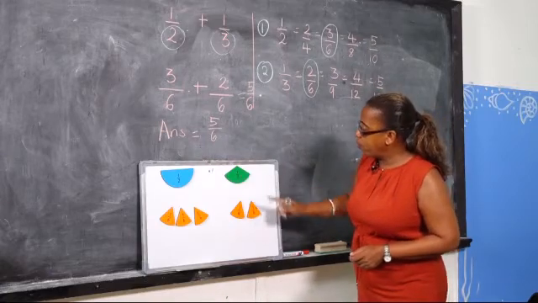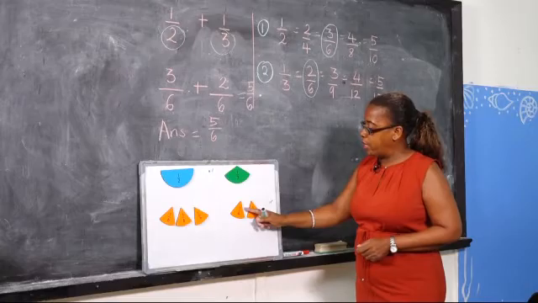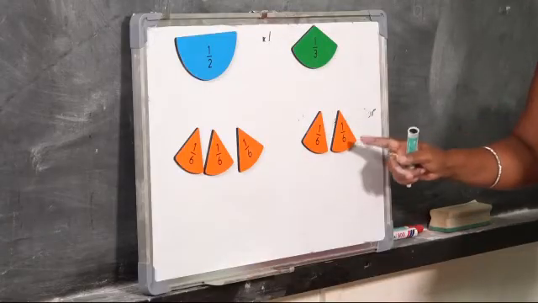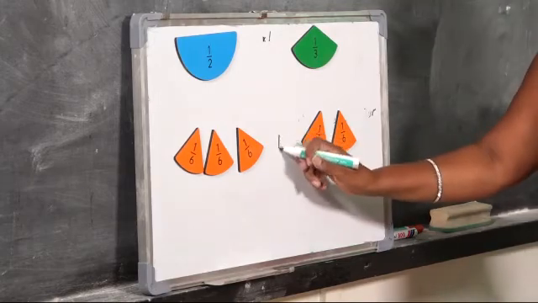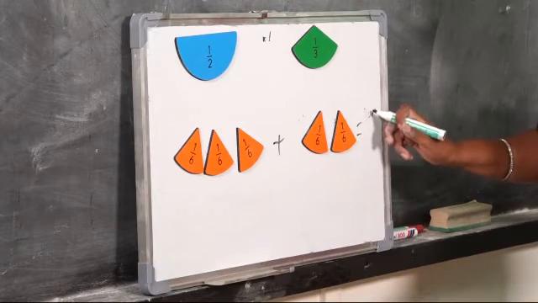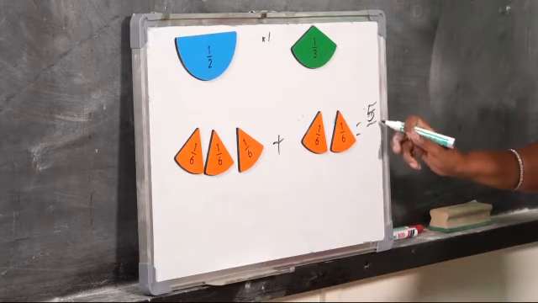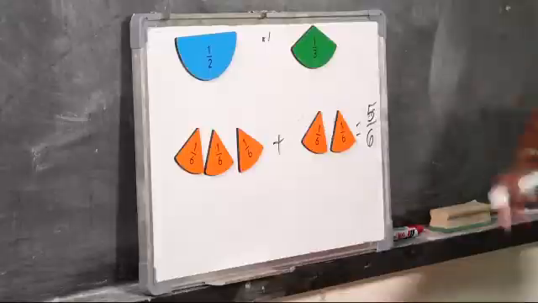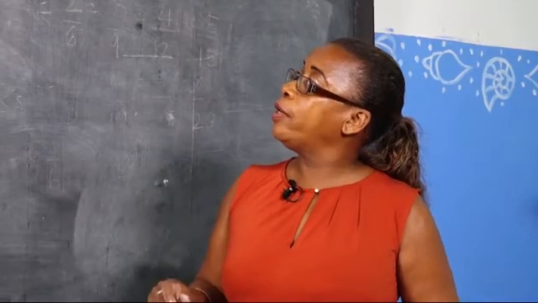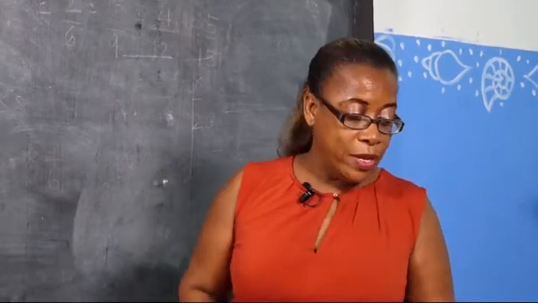So when we found the equal fraction of 1/3, we have ended up with 2 sixths. So when we add them, 1, 2, 3, 4, 5, we got 5 sixths. There we are. From what we have done, we have managed to work out an addition of fractions with different denominators.